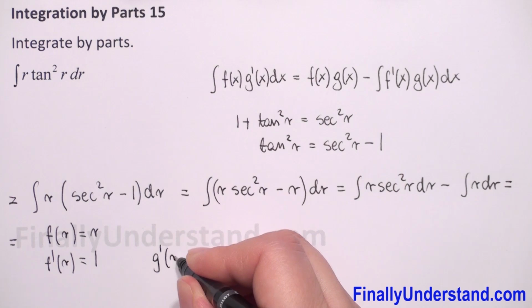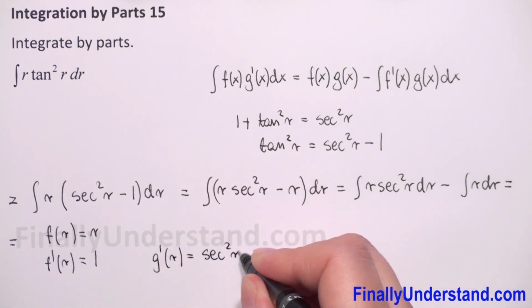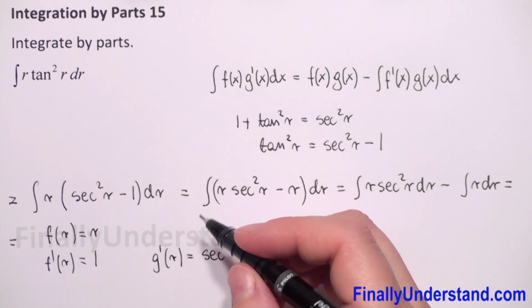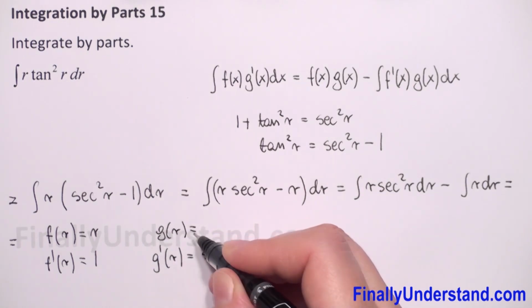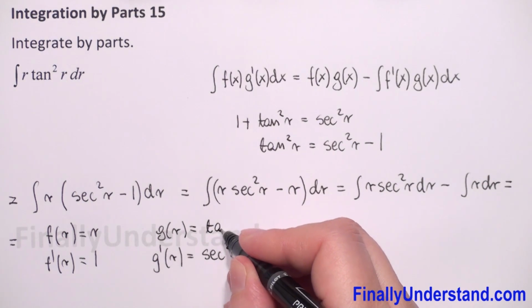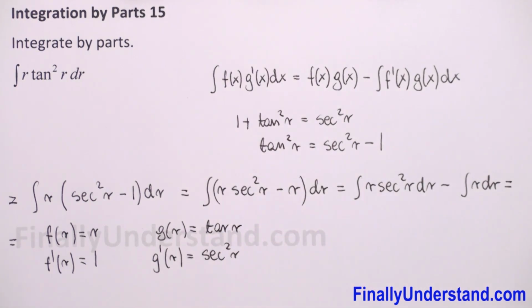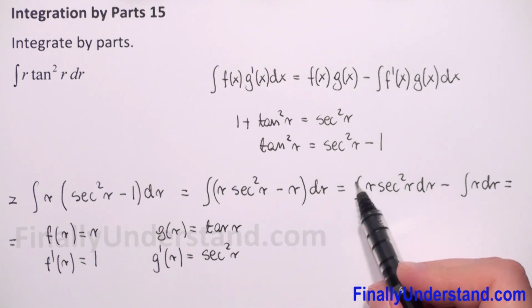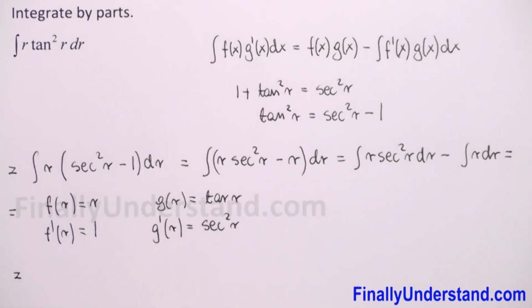G prime of r is equal to secant square of r. So our g of r is equal to tangent r. The derivative of tangent is secant square. So now, first we will solve this integral.